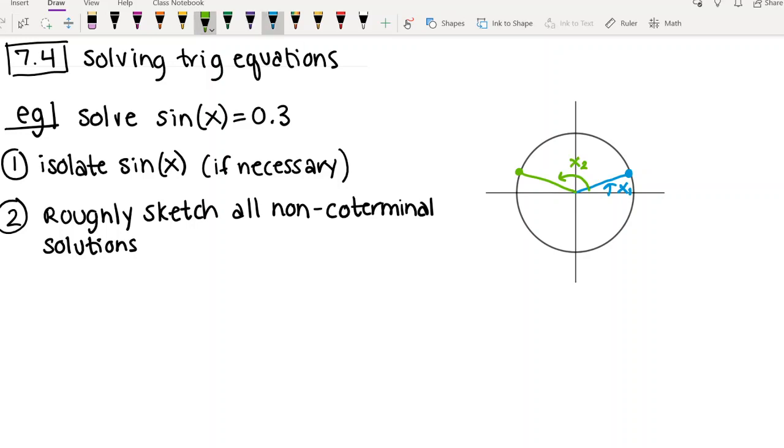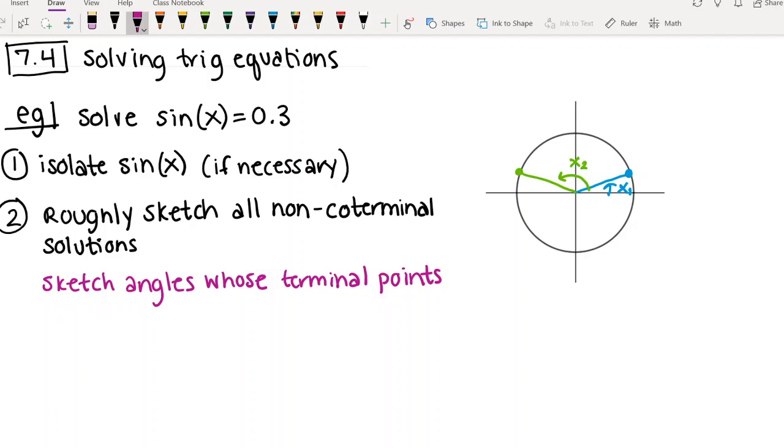So let me summarize what we just did so that it's clear. We sketched angles whose terminal points have a y-coordinate of 0.3.